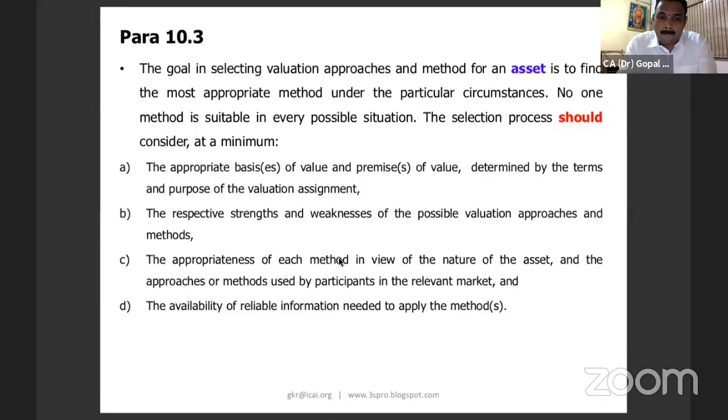Is one basis sufficient or multiple bases required for deciding valuation approach? Is one basis sufficient or multiple bases required for deciding valuation approach?